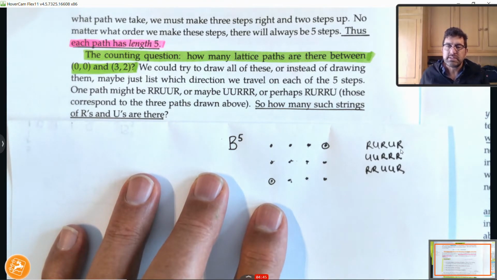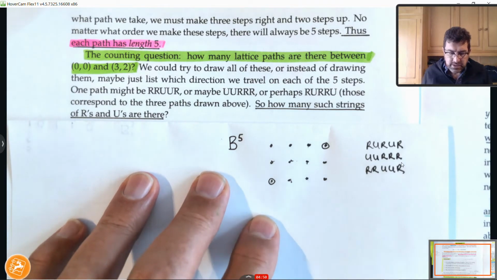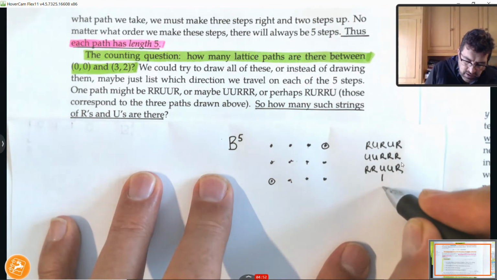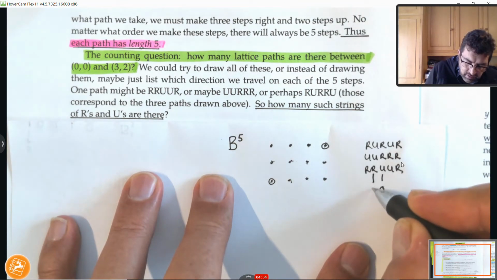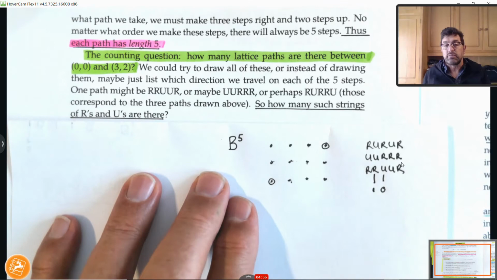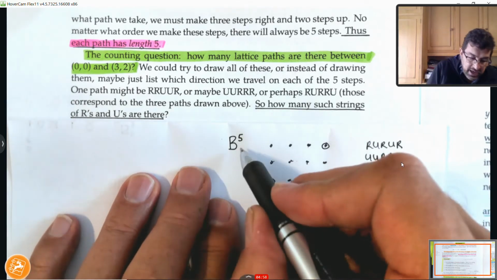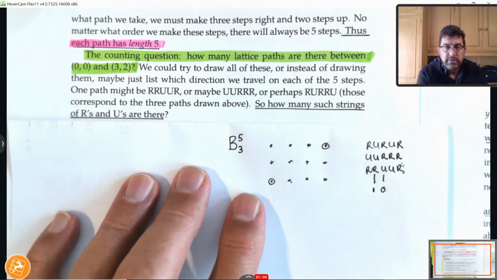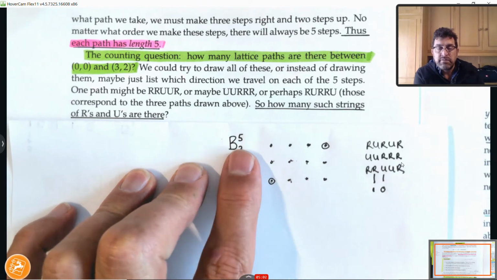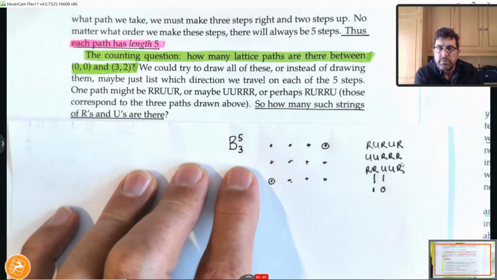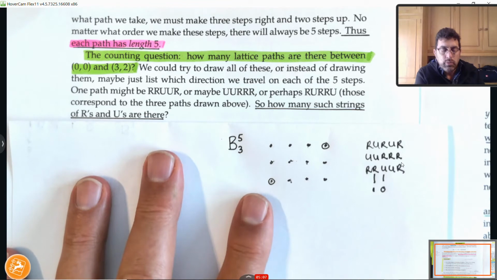We're always going to move 3 units to the right, no matter what we do. So if we say that the U's are 0s and the R's are 1s, if we move to the right, we have a length of 5 and a weight of 3, no matter how we move.